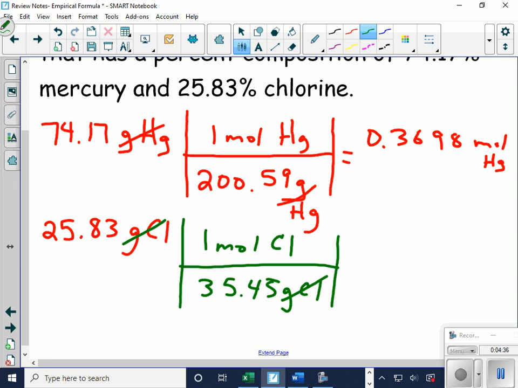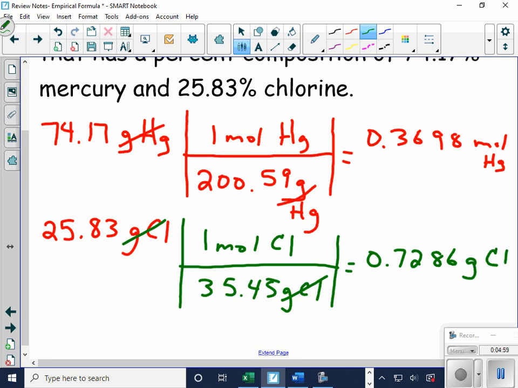So if I take 25.83 and I divide it by 35.45, I get a value of 0.7286 moles of chlorine.